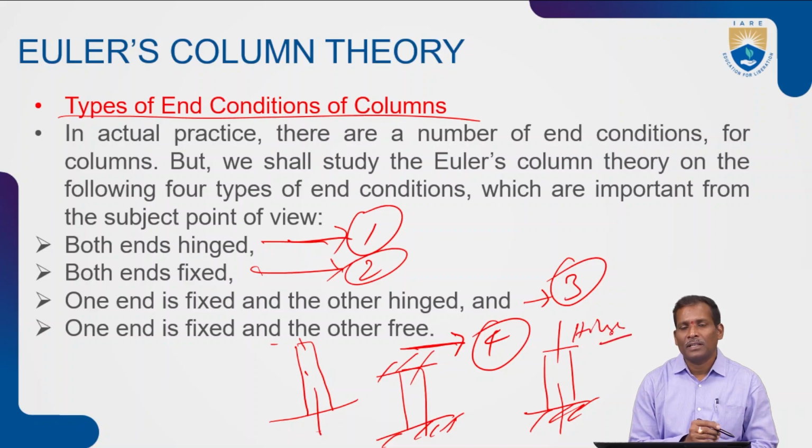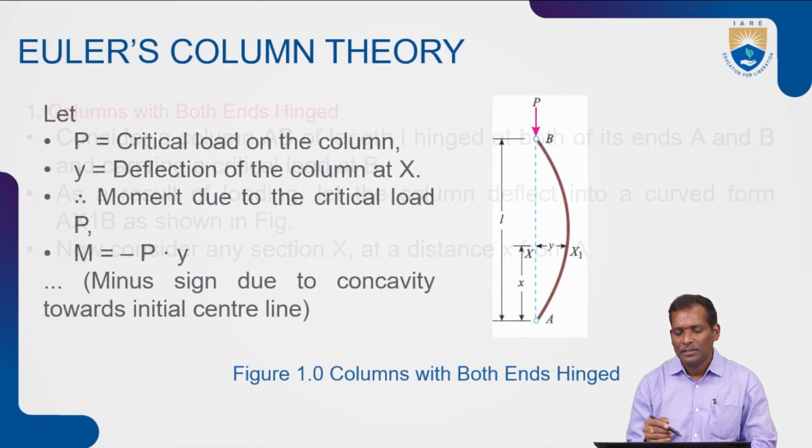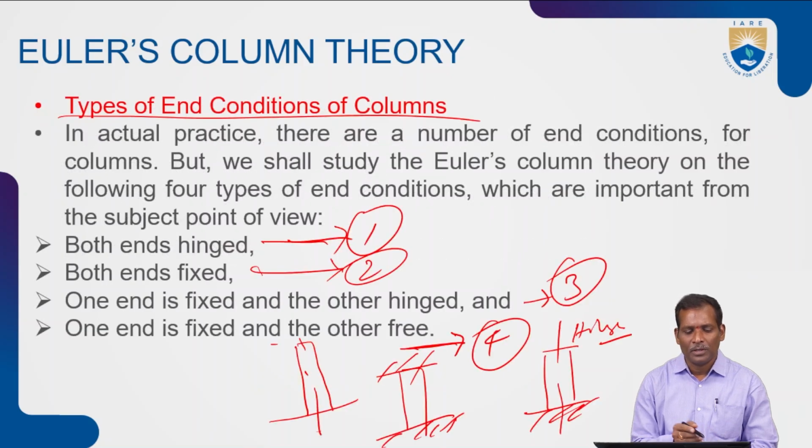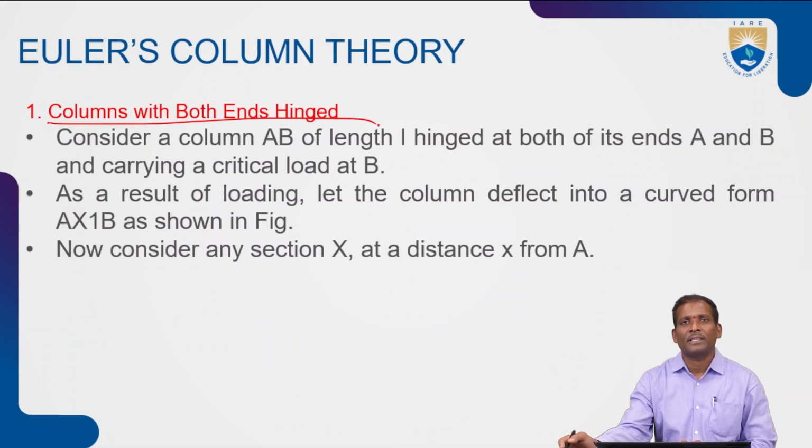And one end is fixed, the other end is free. The column with both ends hinged is shown here first. Next case. So first we will see the columns with both ends hinged.